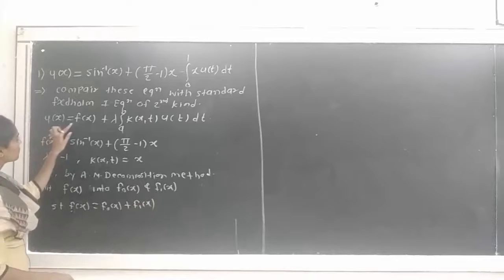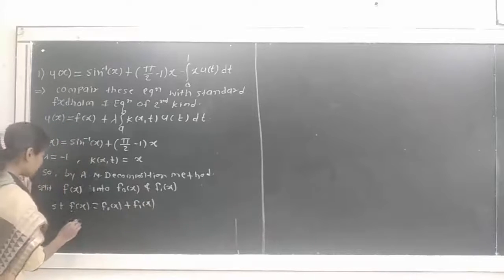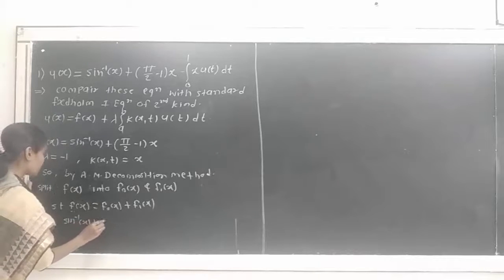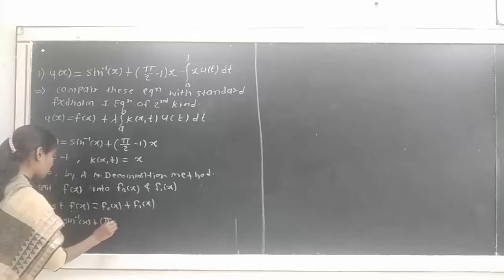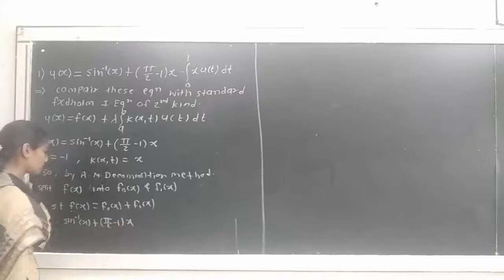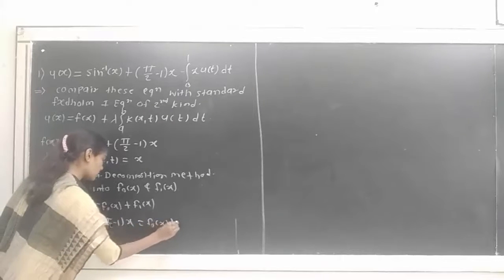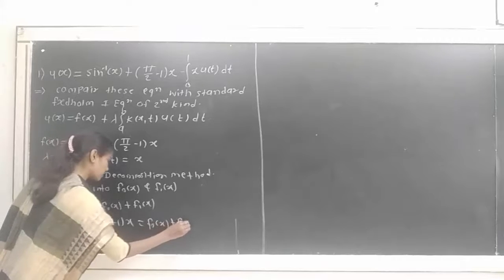So here f of x, which is sin inverse x plus in bracket pi by 2 minus 1 into x, is equal to f0 of x plus f1 of x.